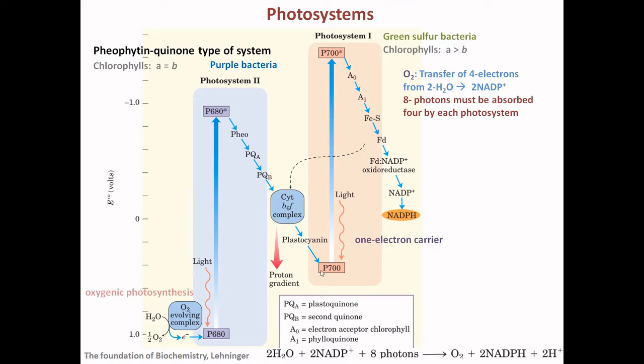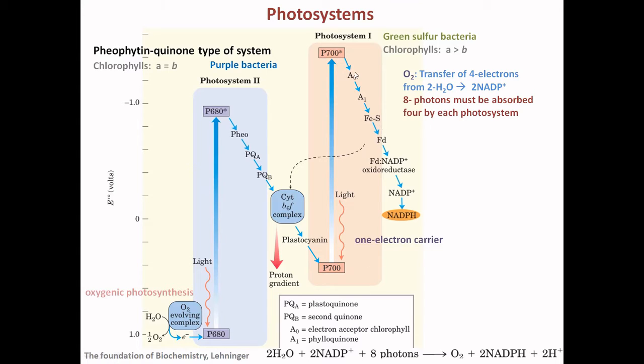And from here, the electron moves into the reaction center 700. And when it gets light again, the electron is excited again and its reduction potential gets lowered, so that it can again move step by step, and in this process the energy is released.